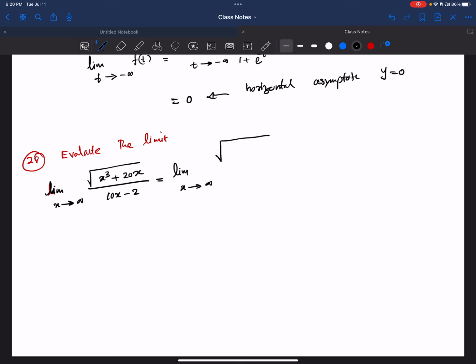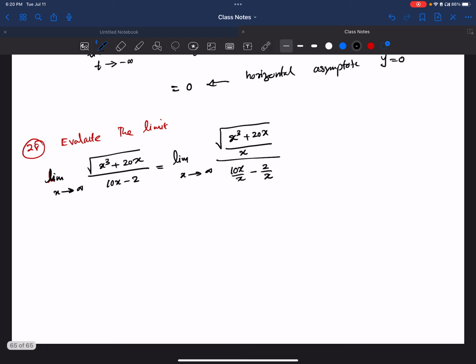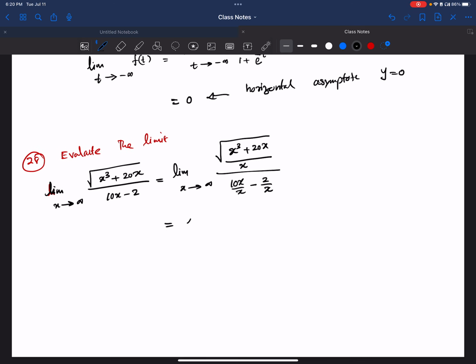So I will divide: x cubed plus 20x divided by x, and 10x over x minus 2 over x, limit x goes to infinity.